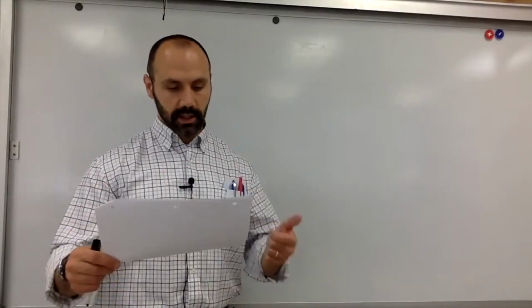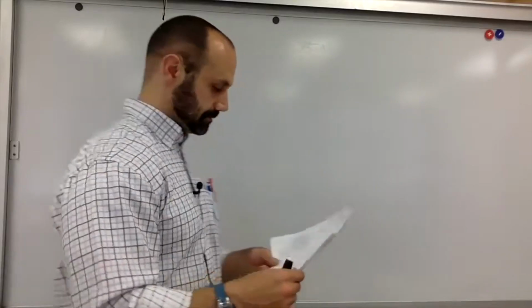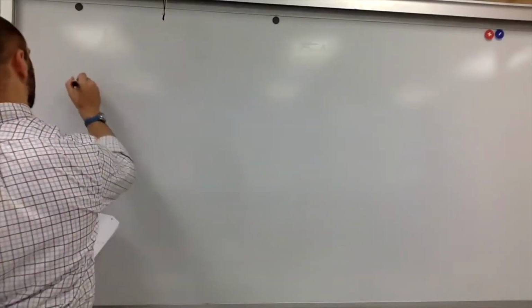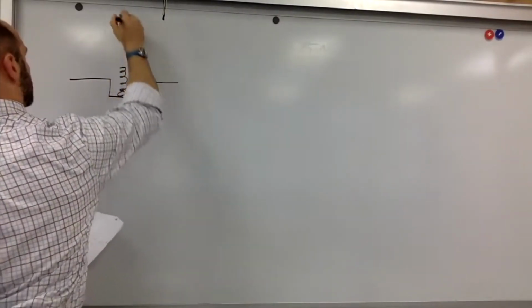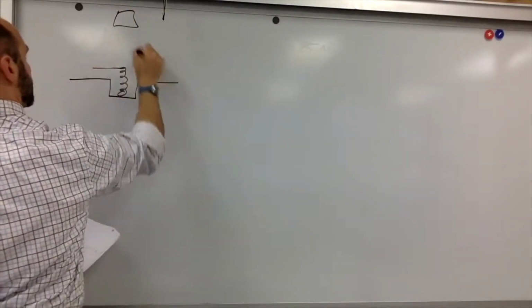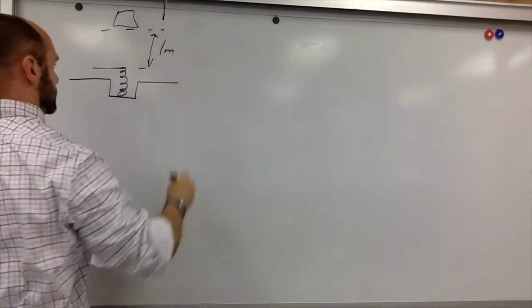Right. So a bunch of things we're looking at here. A, what is the speed of the block just before it hit the spring? All right, so we imagine something like this. We're going to put the spring in a little bit of a well. Here's the block, and it drops 1 meter. That's the distance here.